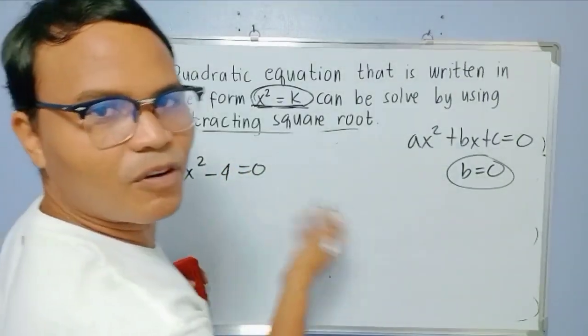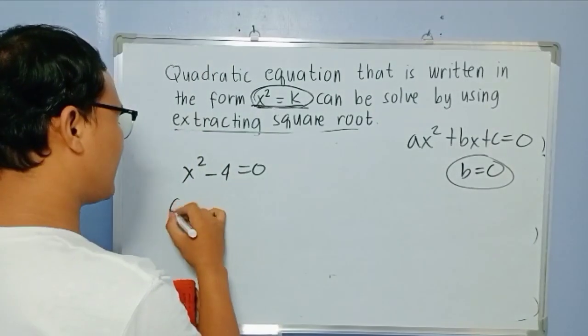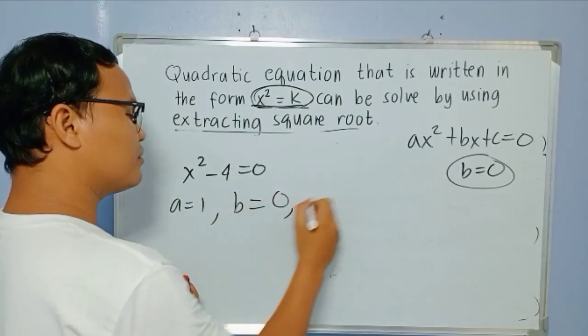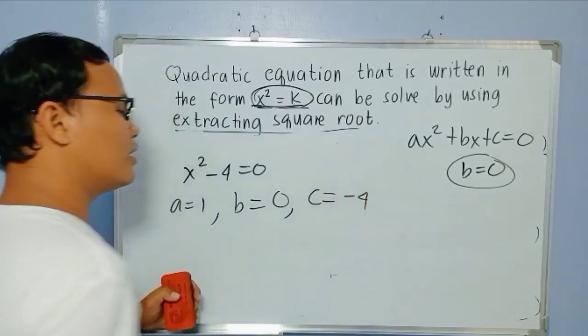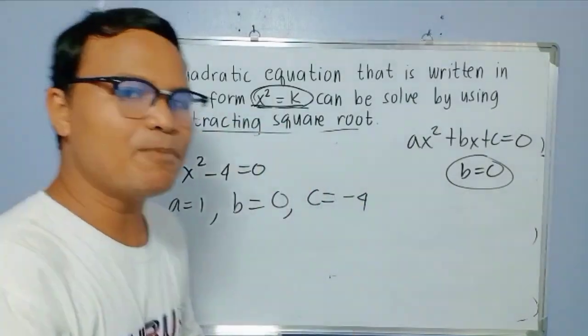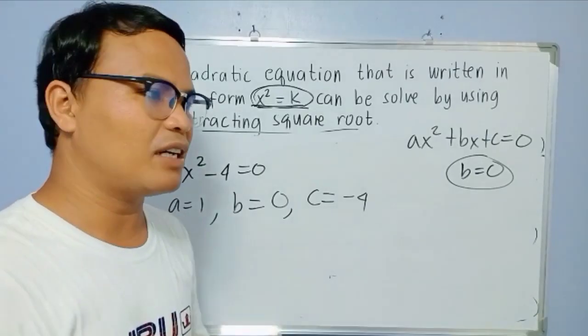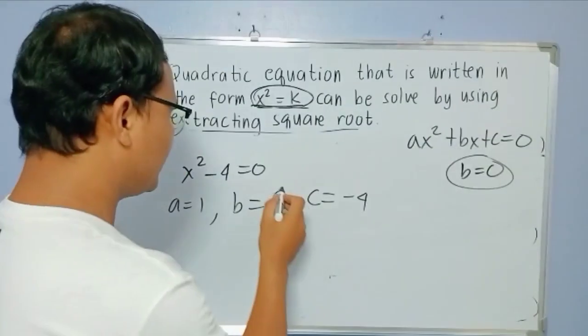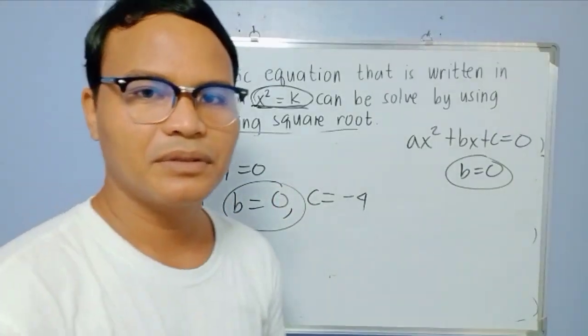This is written in standard form, right? What is the value of a? The value of a is 1. What is the value of b? 0. What is the value of c? Negative 4. So, madali po ang pag-solve ng quadratic equation using extracting square root if b is equal to 0.